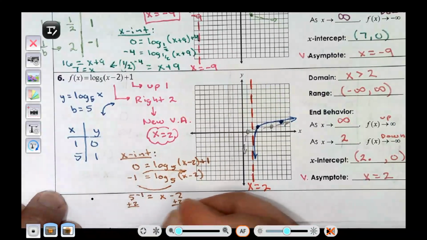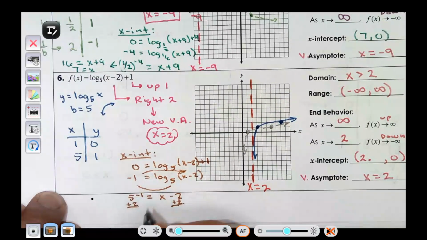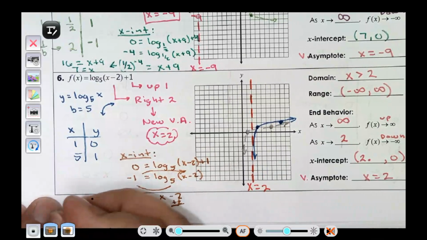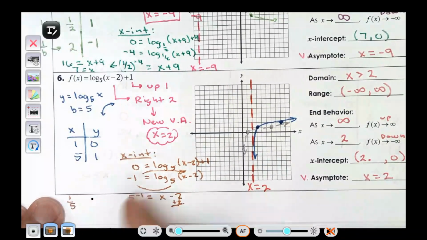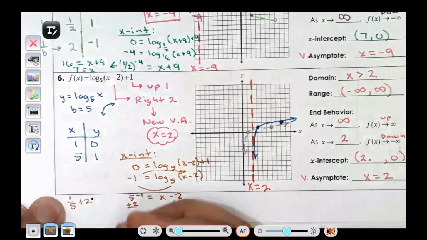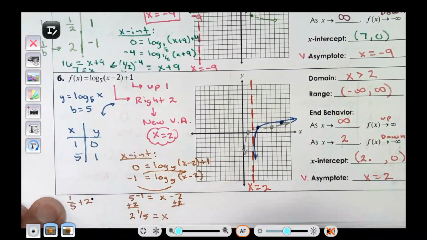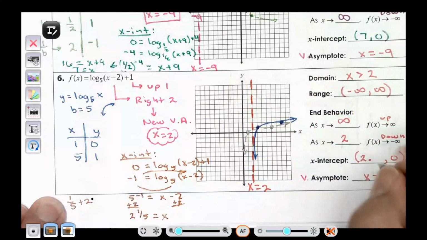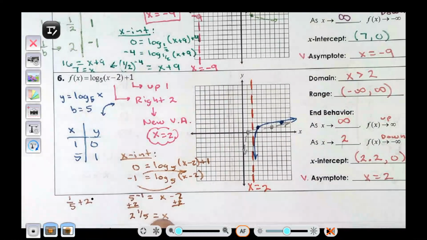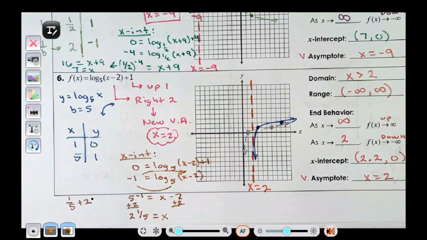So you're still going to need the calculator for this one because notice 5 to the negative 1 is like saying 1 over 5 plus 2. So I guess you could say 2 and a fifth is equal to x, which if you use a calculator, that's about 2.2. But again, don't stress so much on the x-intercept today. We can get to that. Usually, I think in the next section, we're going to work more on solving these that way.